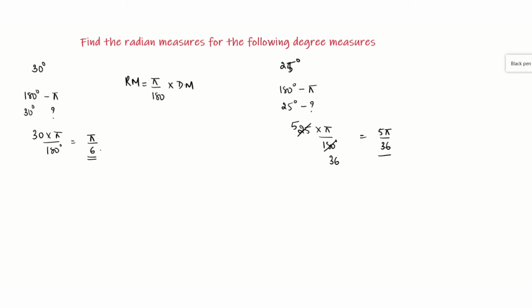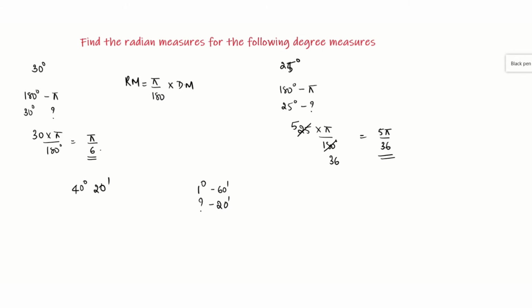Now let us convert 40 degrees 20 minutes into radian measure. First, let us convert this 20 minutes into degrees. To do that, we know 1 degree is 60 minutes. So 20 minutes will be how many degrees?